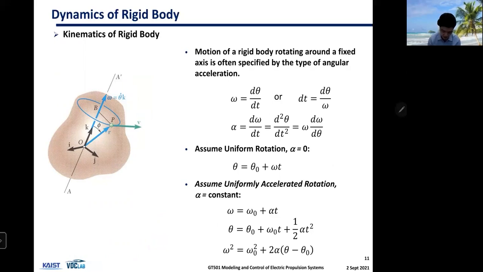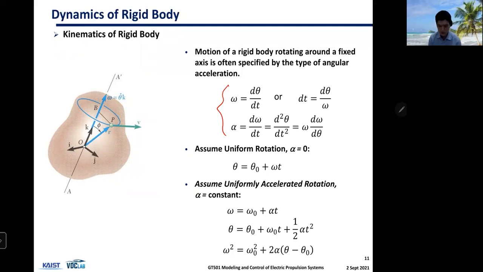But we do need to understand rotational position, speed, and acceleration. And just like the point mass example, their relationship can simply be computed by derivative and integral.